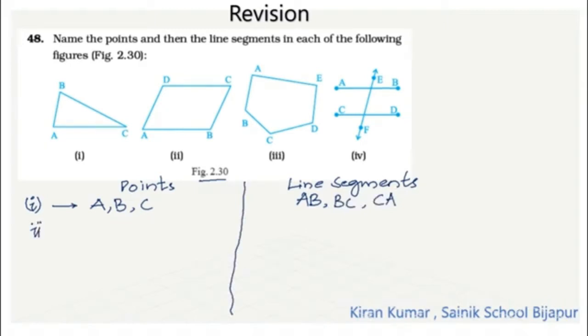For the second one we have A, B, C and D, and the line segments are AB, BC, CD and DA.